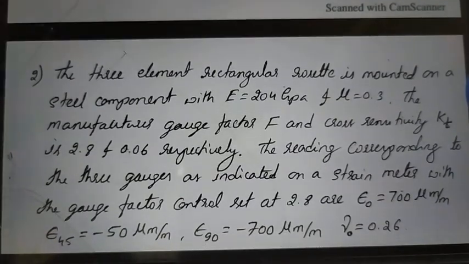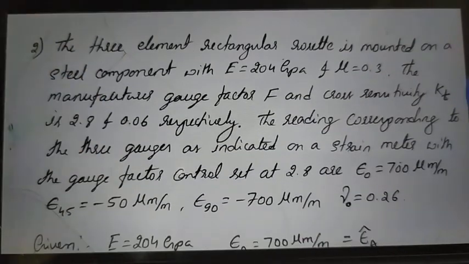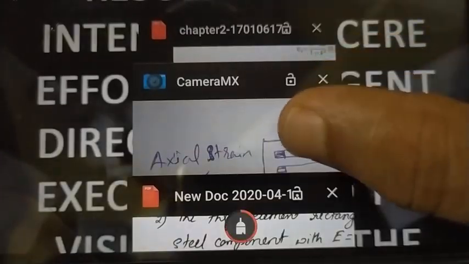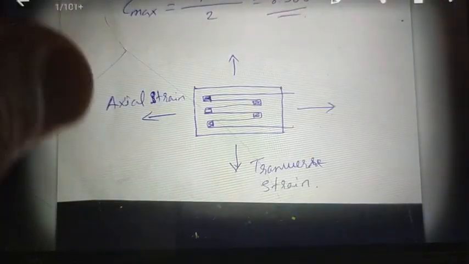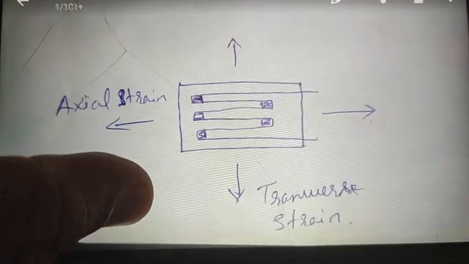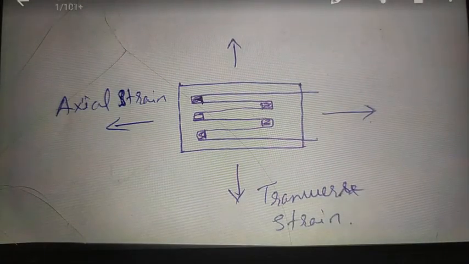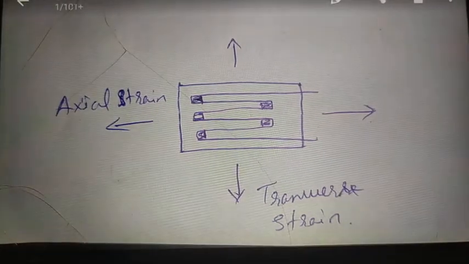The second problem. Before going to the second problem, you require some basics. What is the basic? You can see here, the second problem mainly depends upon the transverse sensitivity correction factor. Before going to that, we have to see what this transverse sensitivity is.